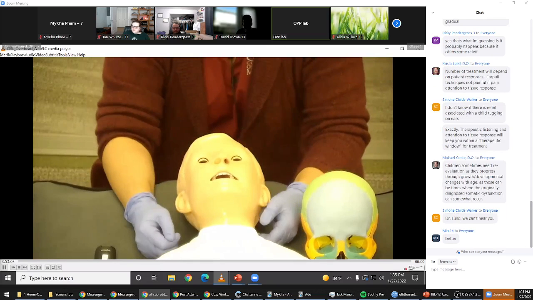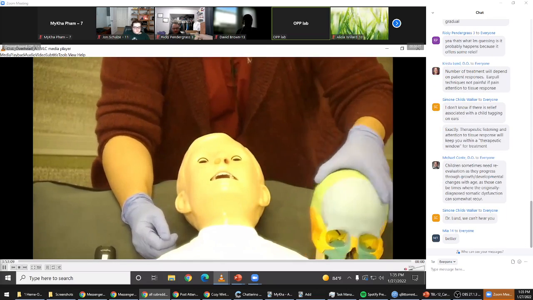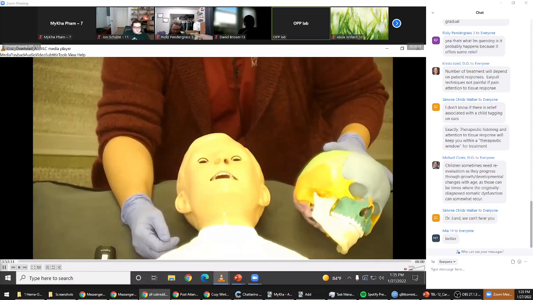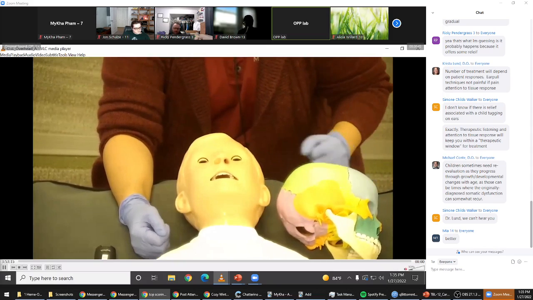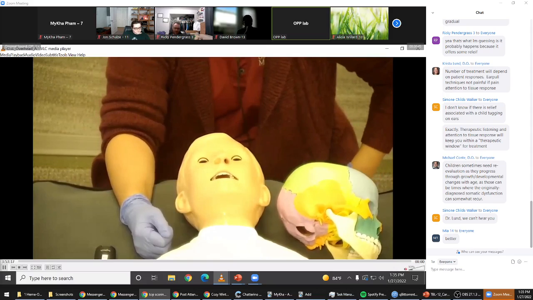So the ear pull, you can do it for adults or children. The biggest thing is to really monitor how the tissue is responding under your fingers. And it's a great thing for you as an osteopathic student and then physician to actually do to yourself when you're having plugged ears or irritation in the area, because you'll start to really appreciate what the tissue response is and what that feels like internally.